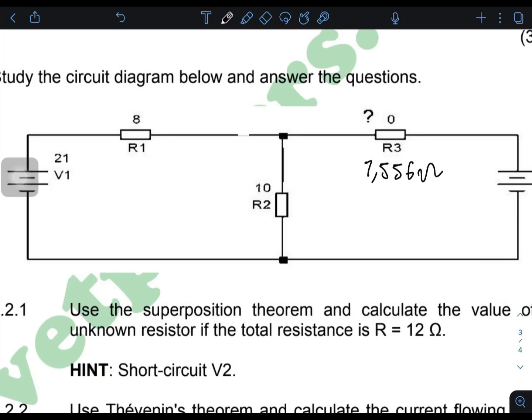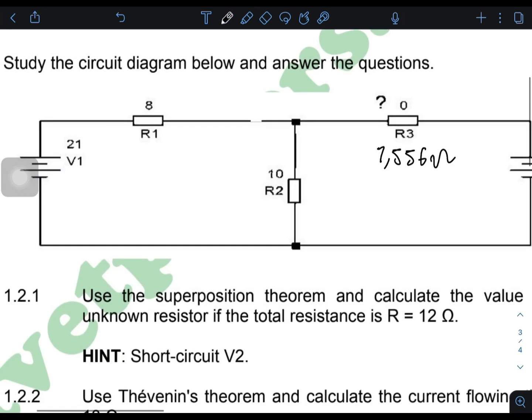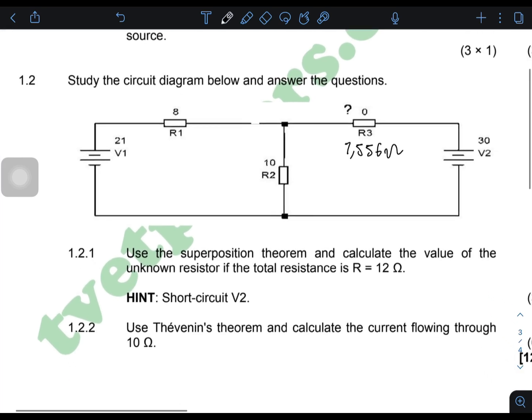Okay, guys, I chose this question because we have two sources and they want us to apply Thevenin. In the first section of the question, they wanted us to calculate the unknown resistor, which, when calculated, is 7,556.